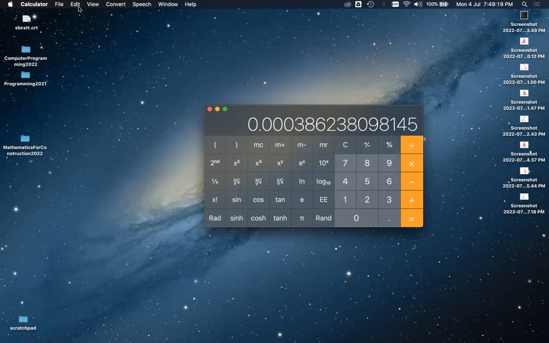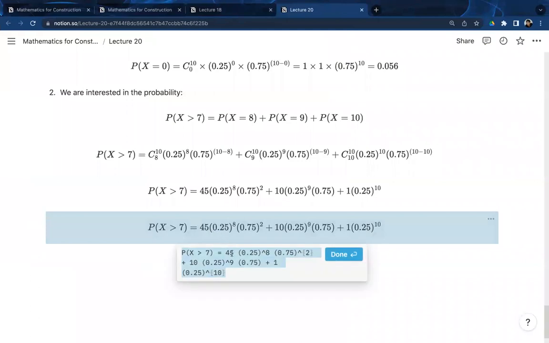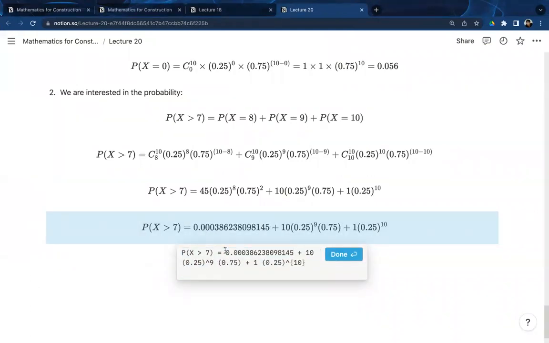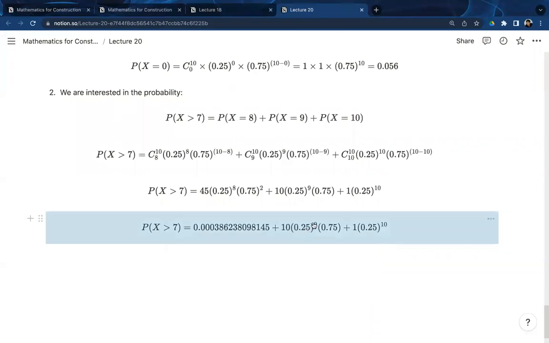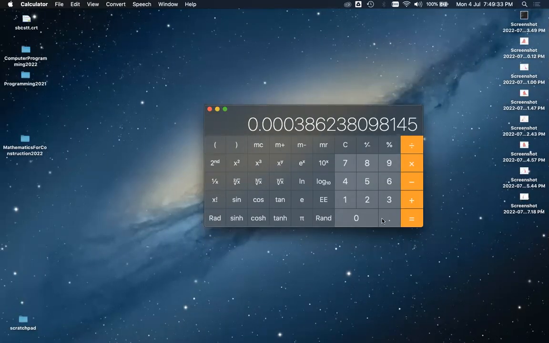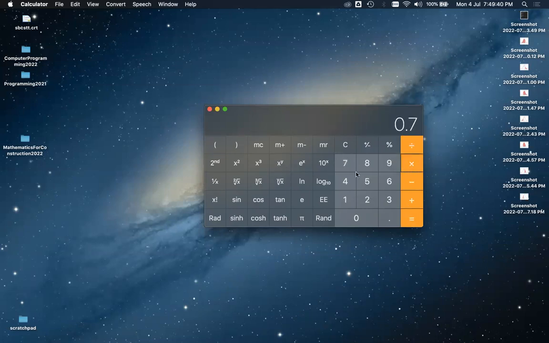This is still a rather small number though. Right? A rather small number. 0.25 to the power 9 multiplied by 0.75 multiplied by 10.